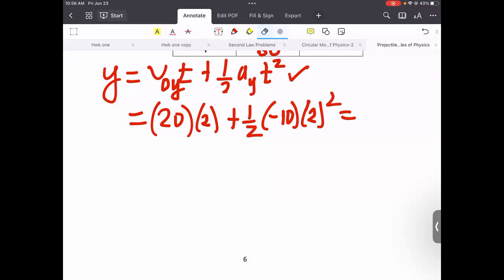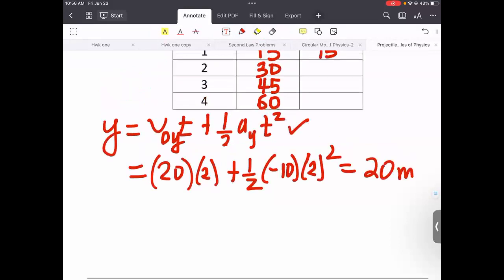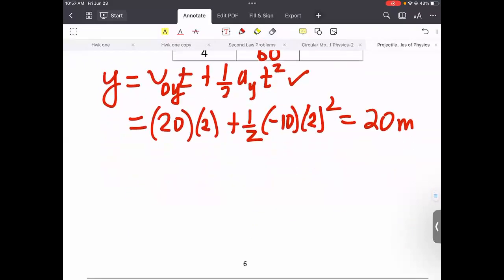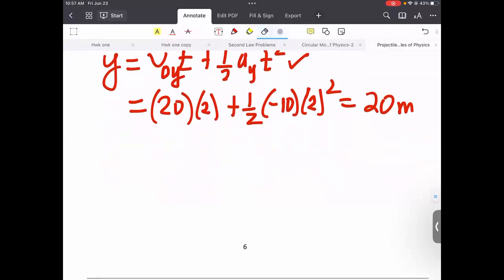So I got 20 meters as the displacement upward. Let's put the 20 meters over there.